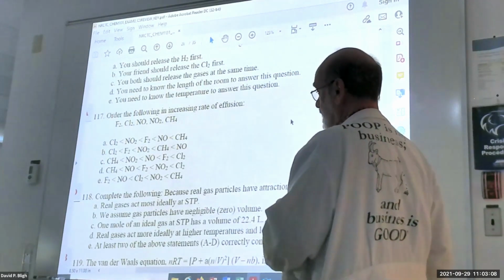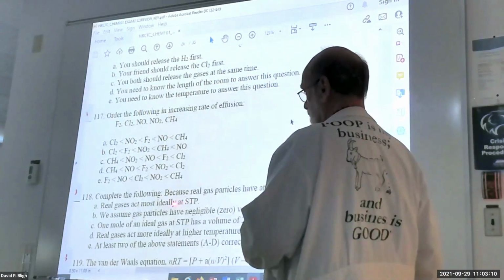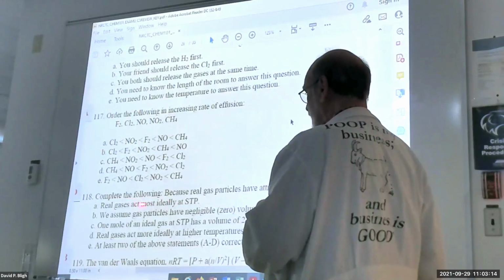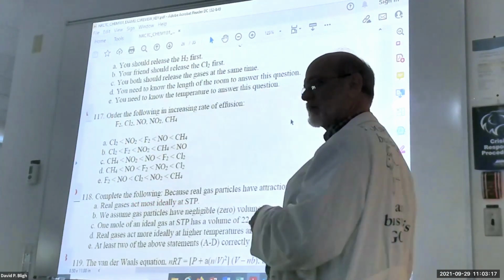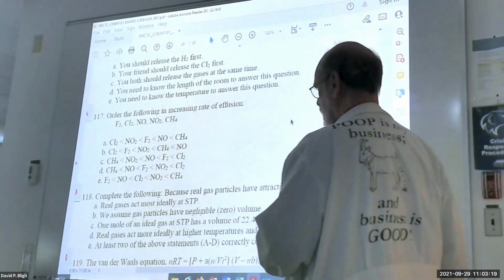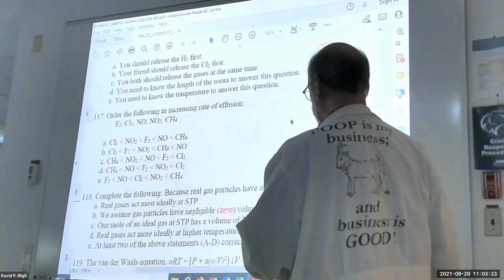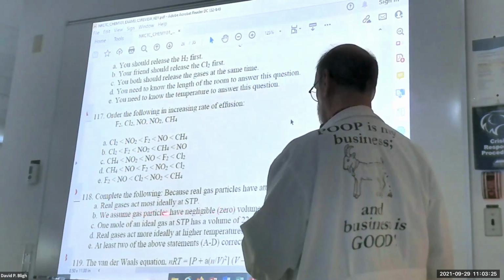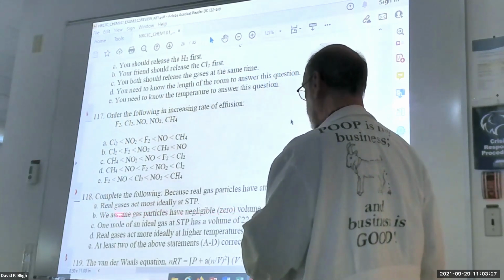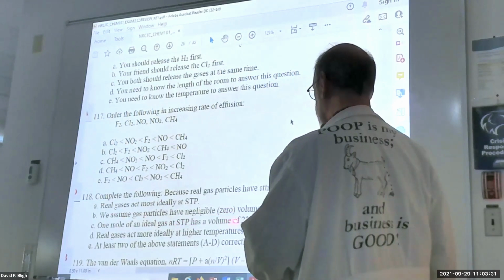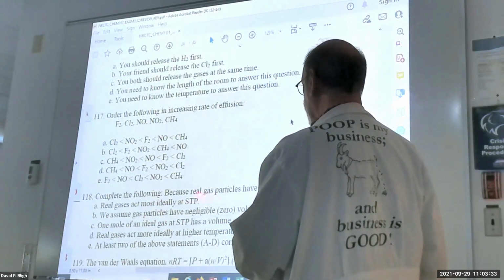Well, technically not most ideally, but they do act ideally at standard temperature and pressure, so let's hold that one in reserve. We assume gas particles have negligible volume. That's true also. One mole of an ideal gas at standard temperature and pressure is 22.4 liters.